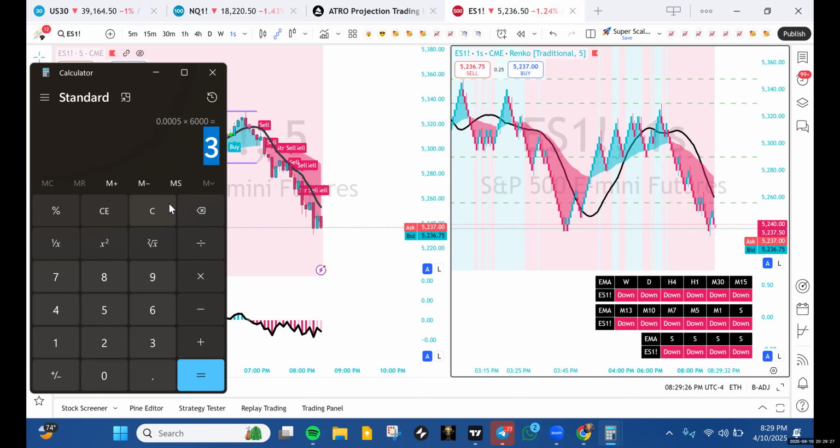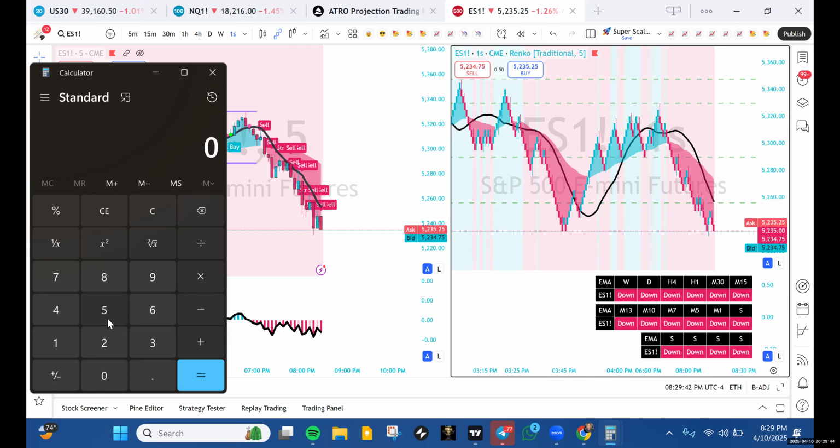Now, if this was Forex, you would just take the lot size that you use for comfortability. And for Forex, I would divide your account size by about 500 for room, because we're going pip for pip.